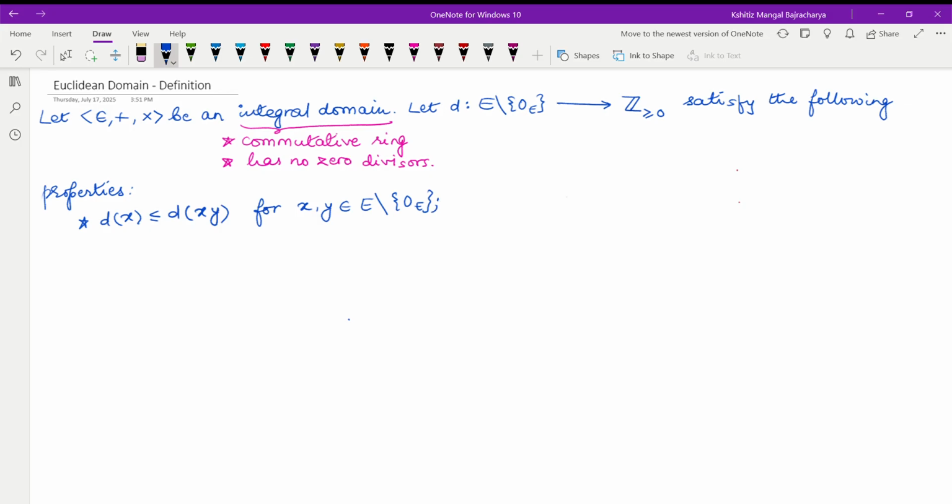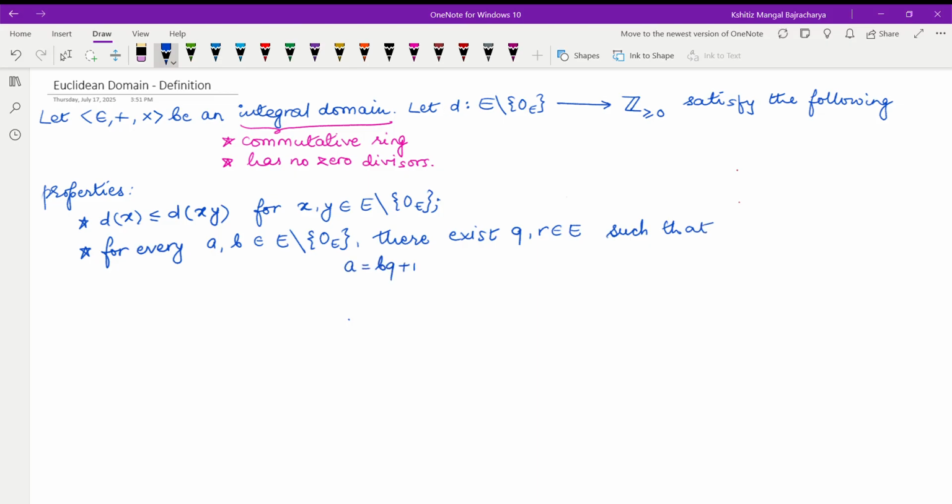Okay, first condition. Second condition is that for every non-zero elements a and b of E, we can find two elements of E, q and r, such that a = bq + r, where either r = 0, and if r is not equal to 0, then we have d(r) less than d(b).